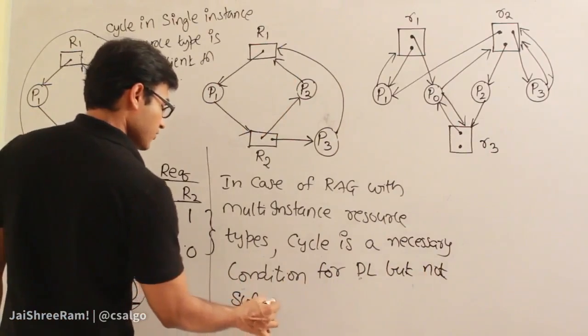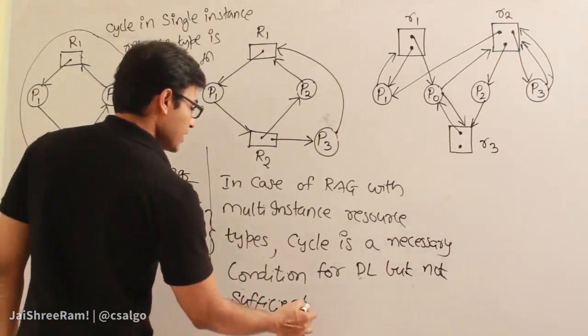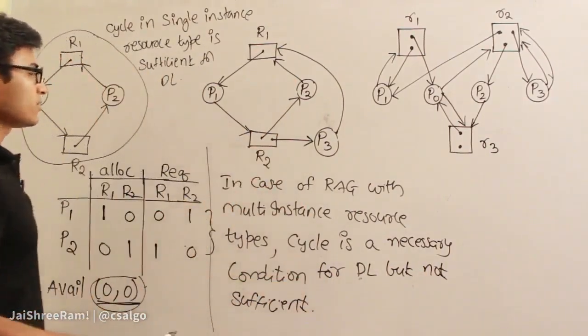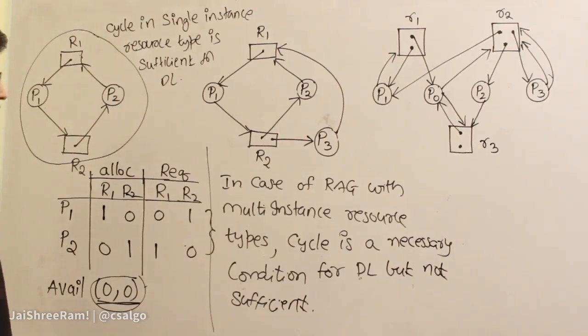Why is it not sufficient? If there is a cycle, you cannot directly declare that there is a deadlock. That is why it is not sufficient, right?